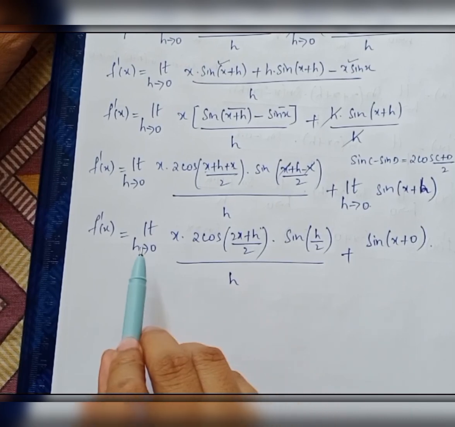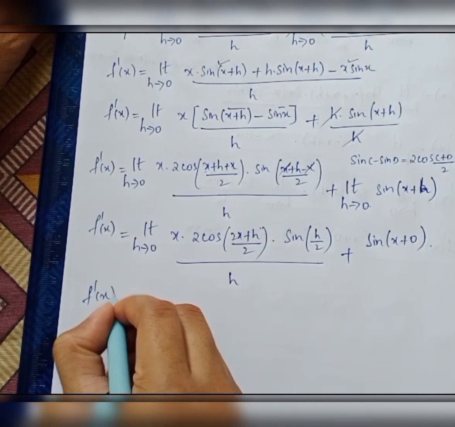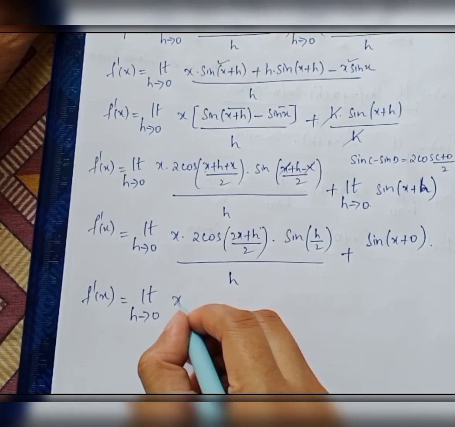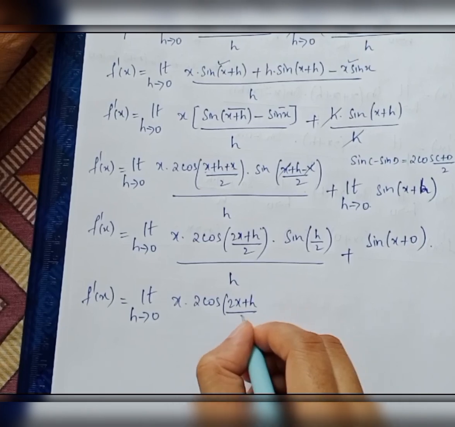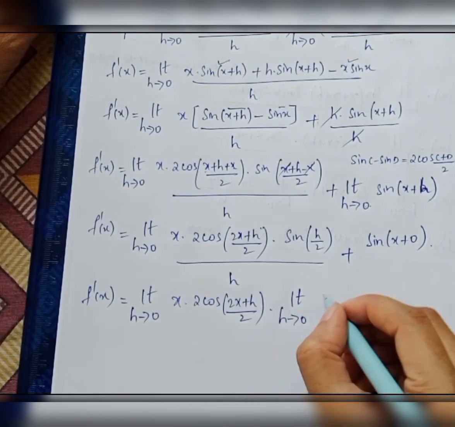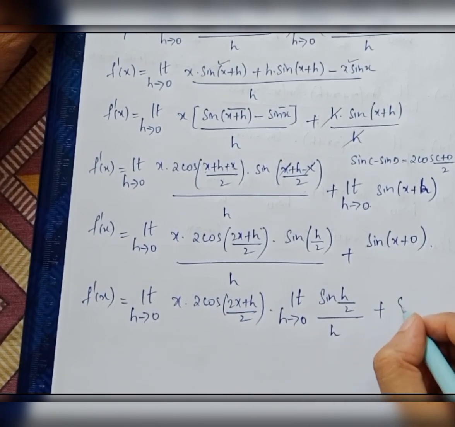Now writing the limits for both the terms, so f dash of x is equal to limit h tends to 0 x into 2 cos (2x plus h) by 2 into limit h tends to 0 sin (h by 2) by h, plus here we are left with sin x.